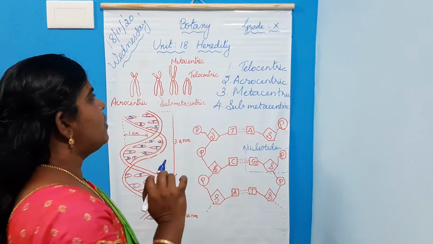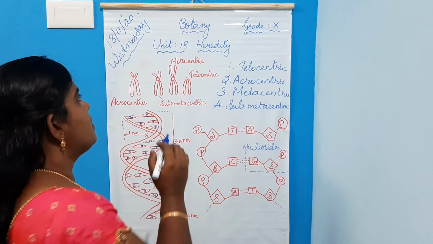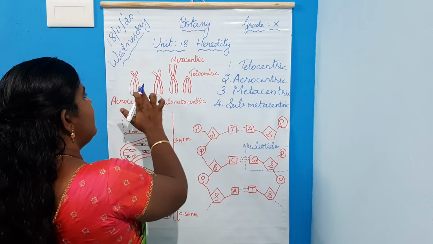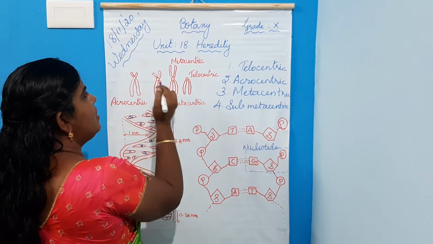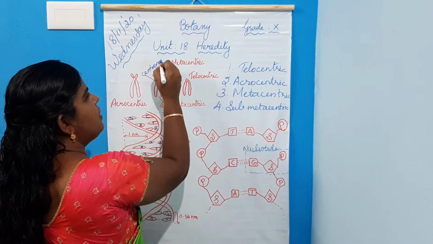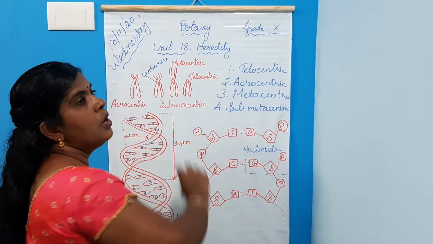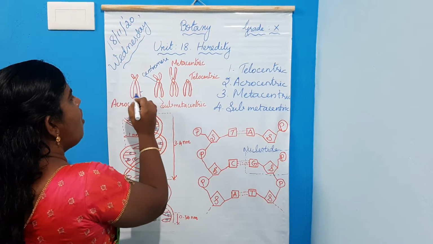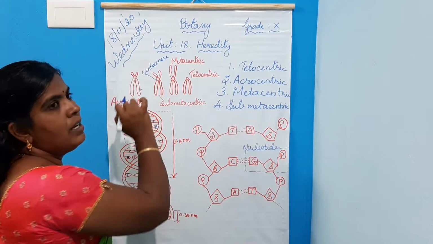Next is acrocentric chromosome. These are the chromatids. What is this? Centromere. This is centromere. These are the chromatids. Now this acrocentric chromosome, the centromere is present at one end with a long arm and a short arm.